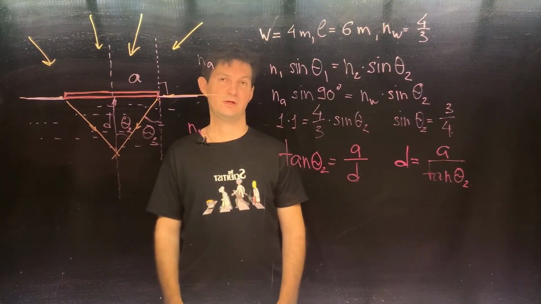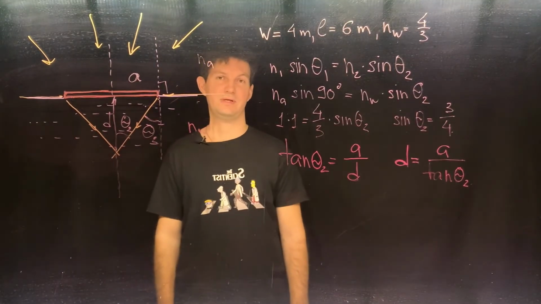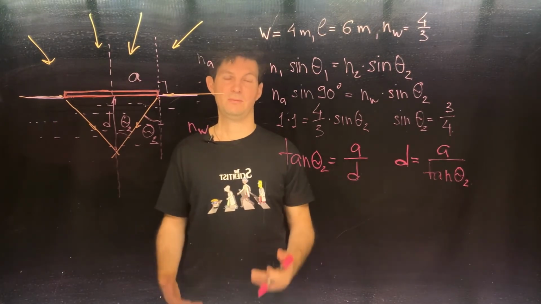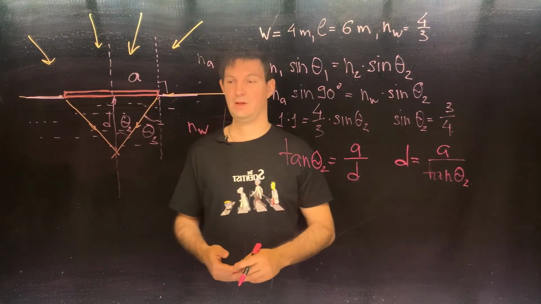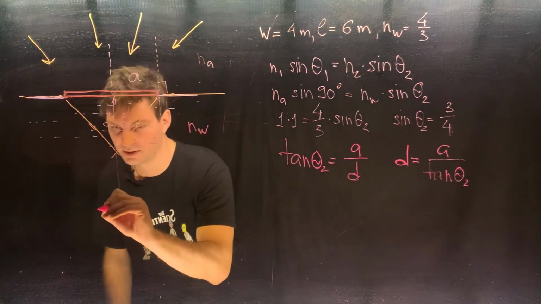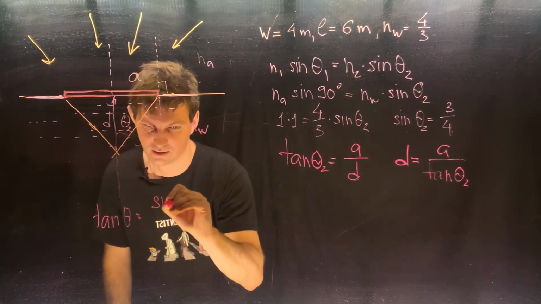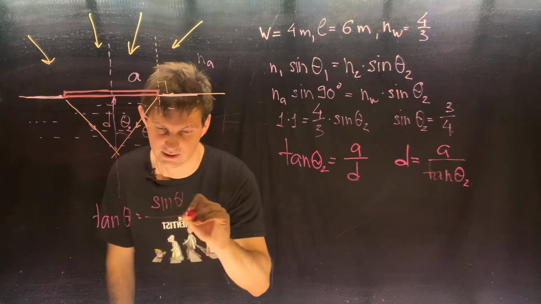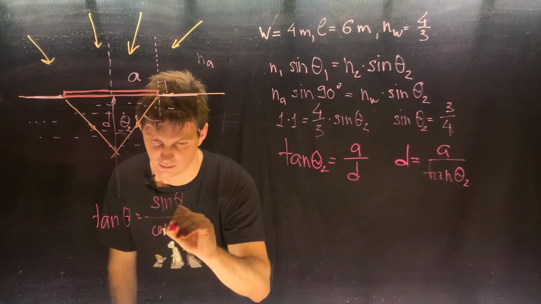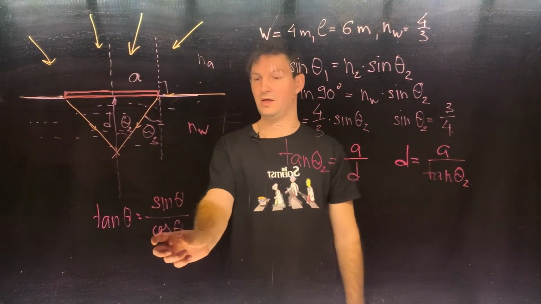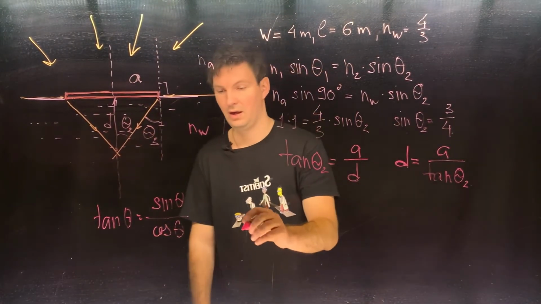We have almost solved the task, and the last step is that we must define tangent from sine, and trigonometric formulas will help us. As we remember, tangent theta is sine theta divided by cosine theta, but we don't know cosine of theta.